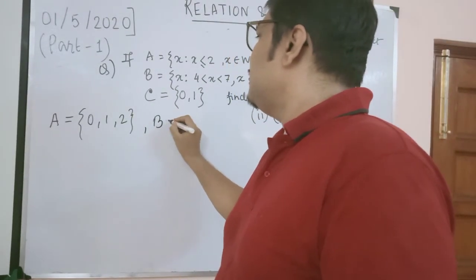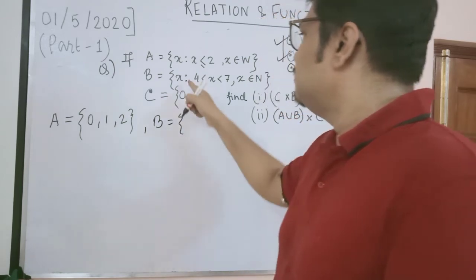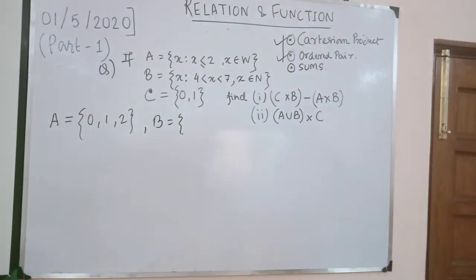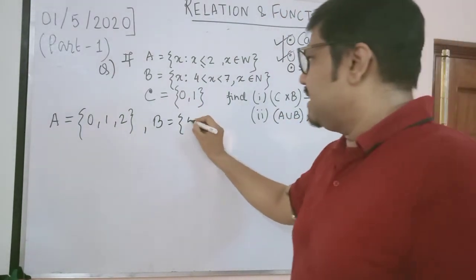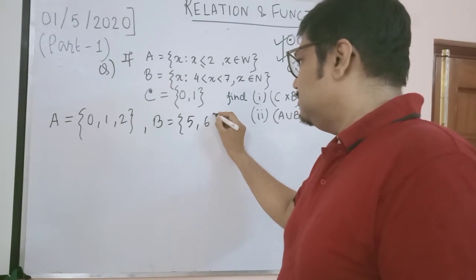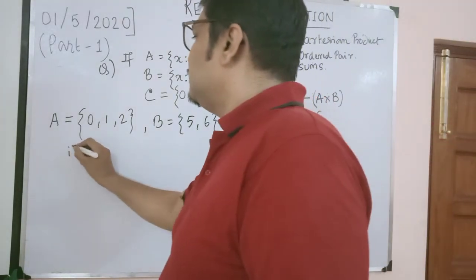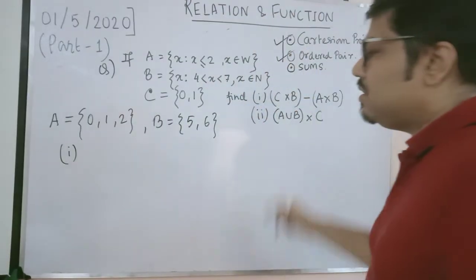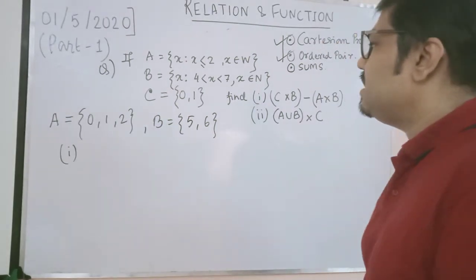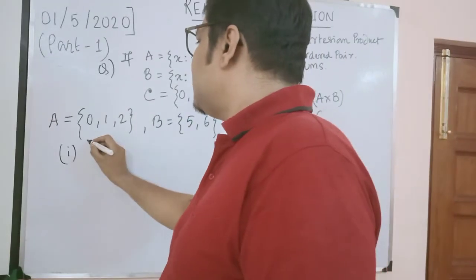Now what is B? B is the natural numbers between 4 and 7, so it's 5 and 6. So 5 and 6 for B, and C is already given. Let us do the first one. First one is C cross B we are doing, which means C is to be kept in the first position.